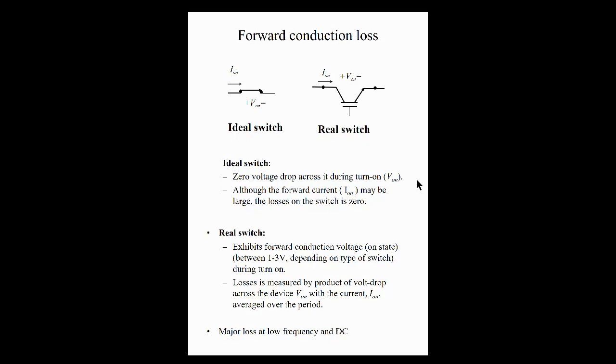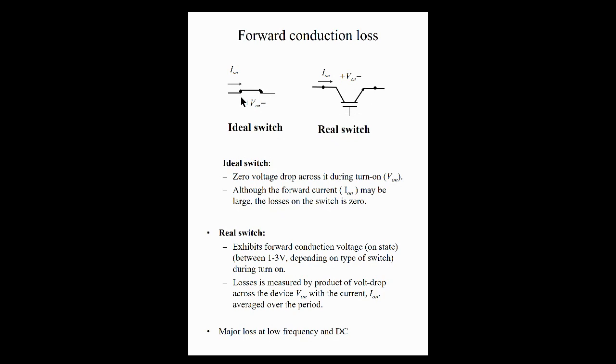All right, the forward conduction loss. If you look on the top left hand side, that's an ideal switch that is displayed, and the top right hand side we have a real switch. This could be your power MOSFET, your BJT, your IGBT, and so on. You would have seen that with the ideal switch, when this switch is turned on, the voltage drop across this switch ideally will be 0 volts.